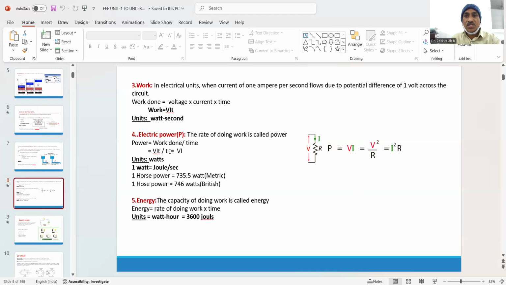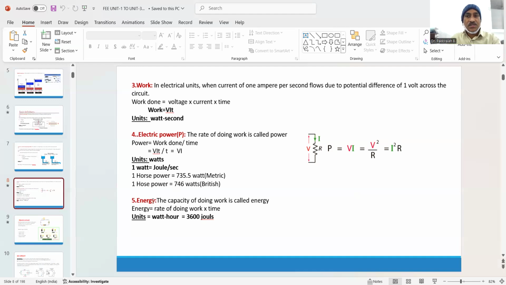Rate of work done means work done is the parameter varying with respect to the time period, W by T. Its unit is watts. Power P we can also represent in three ways: P equals the product of V into I, or V square by R, or I square into R.